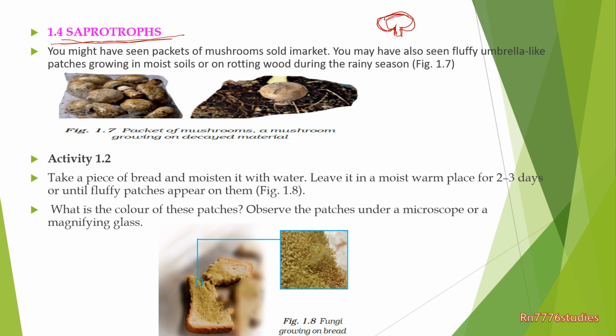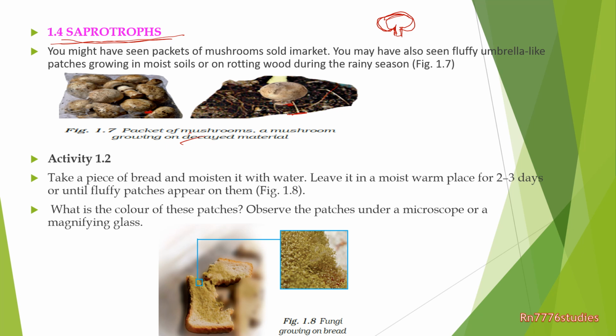You may have also seen fluffy umbrella-like patches growing in moist soils or on rotten wood during the rainy season. They are found not only in the market but also in gardens and on some woods. So basically, these are found in markets, and these are usually growing here and there.